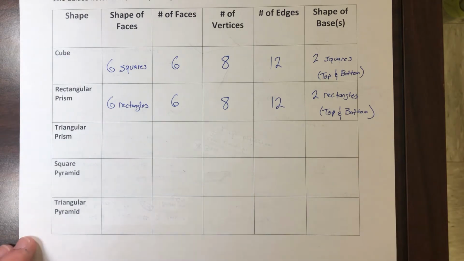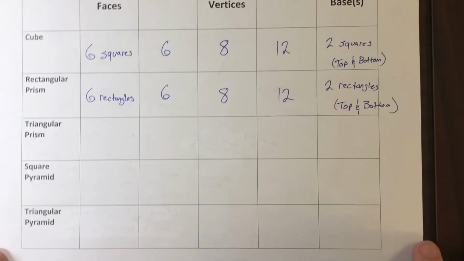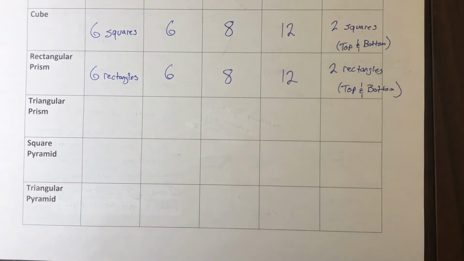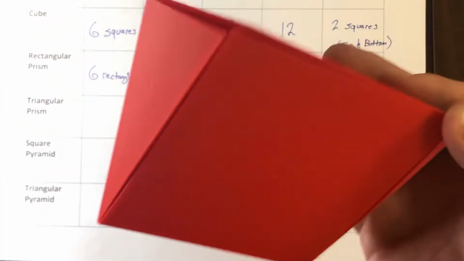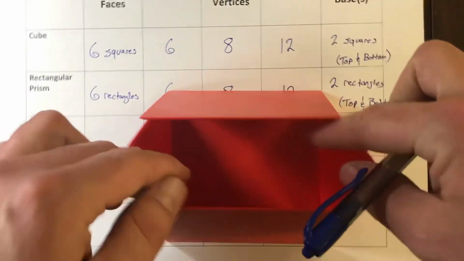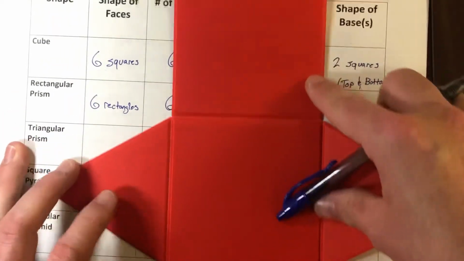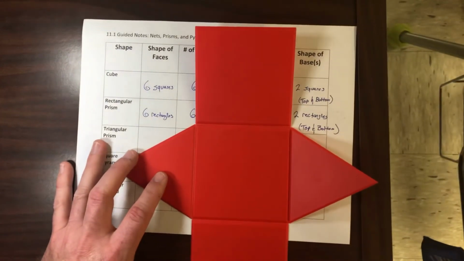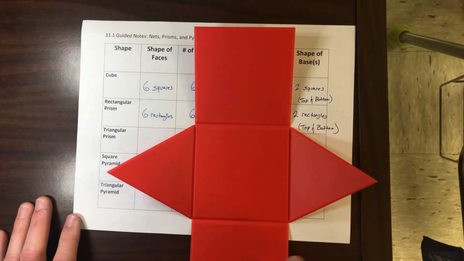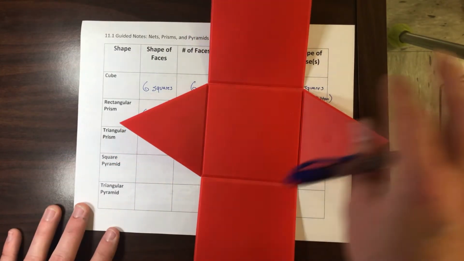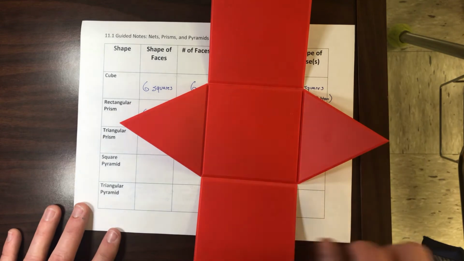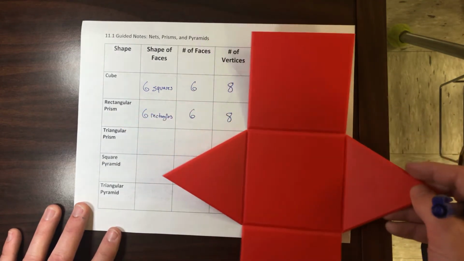Next, triangular prism. So, here's our triangular prism. Let's unfold it and look at its net. I have not measured those, so we're not going to assume they're squares. We're just going to go with rectangle, which is perfectly safe.